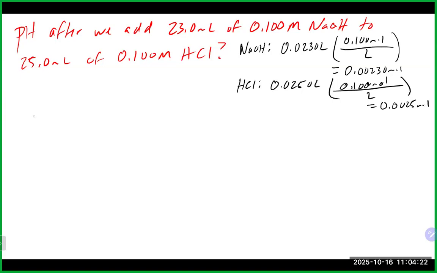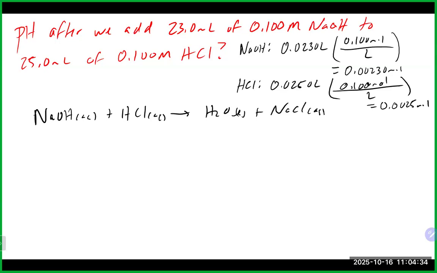So we definitely know we need an ICE table. We got some sodium hydroxide here reacting with HCl, giving us our water and our salt. We are starting with this and we are adding this. So initially we have added 0.0023 moles, 0.0025 moles here, and 0.